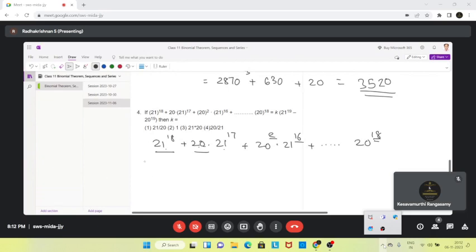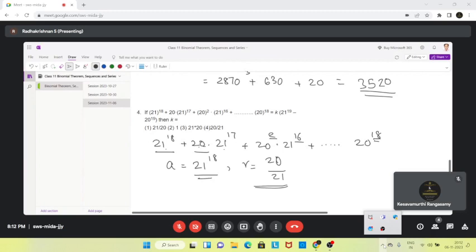Okay, so the geometric series with a equal to 21 to the power of 18, r equal to, so you multiply by 20, divide by 21. Yeah, so a equal to 21 to the power of 18 and r equal to 20 by 21.